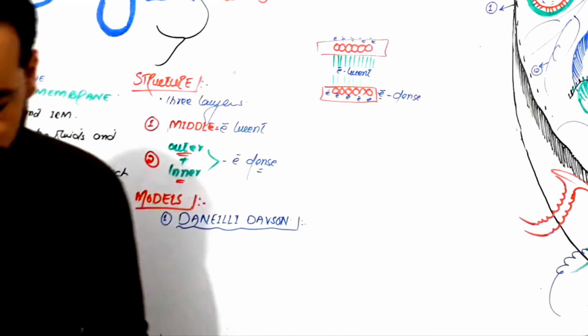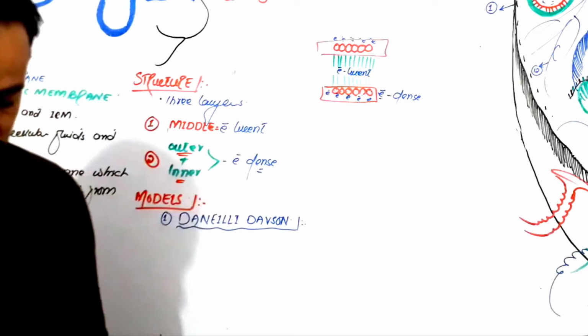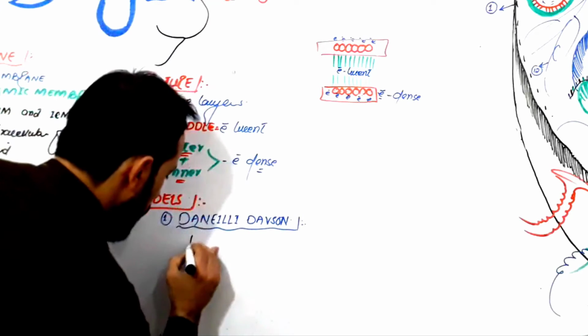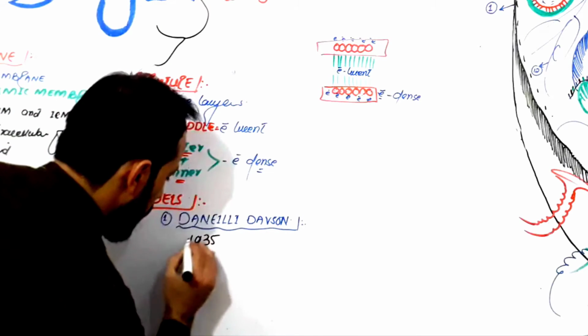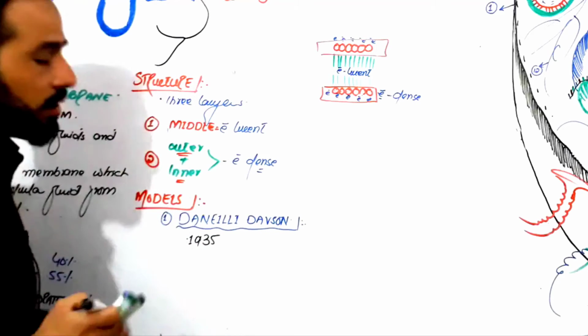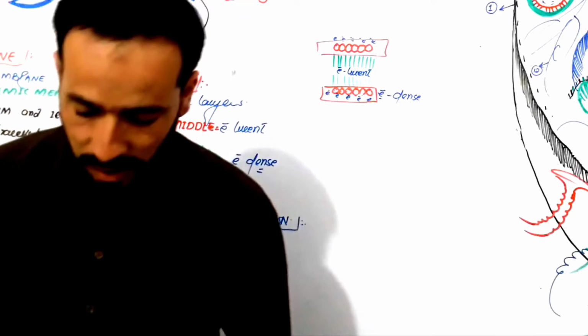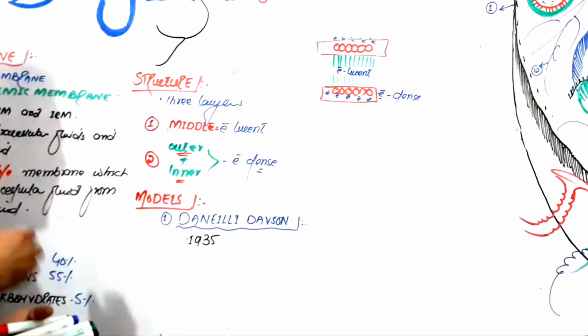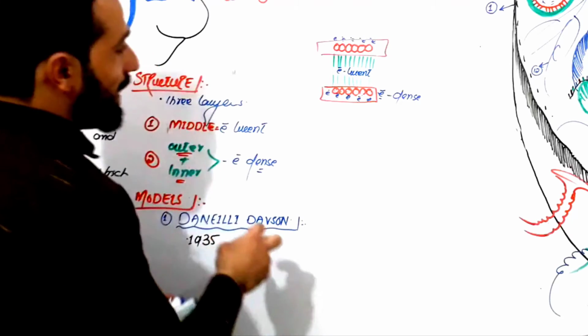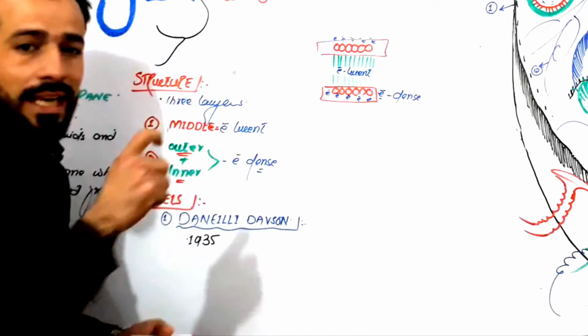They were 2 scientists, and this model was presented in 1935. This model says that the cell membrane is sandwiched between 2 protein layers.